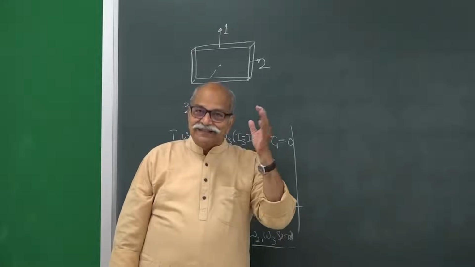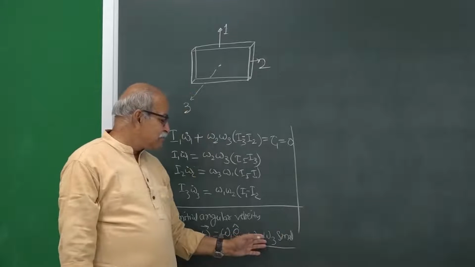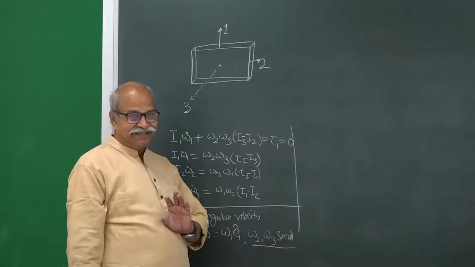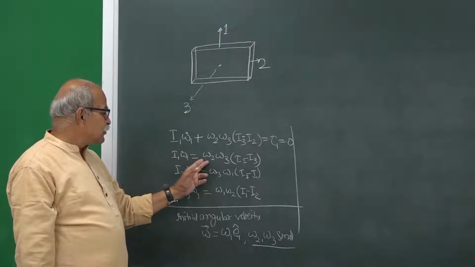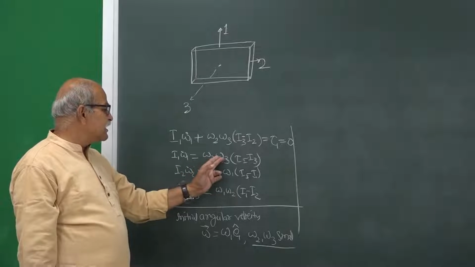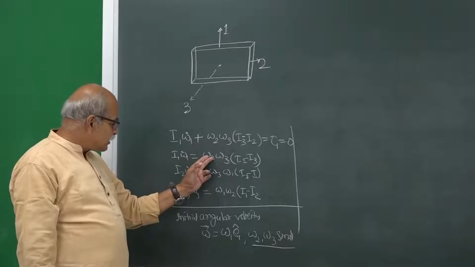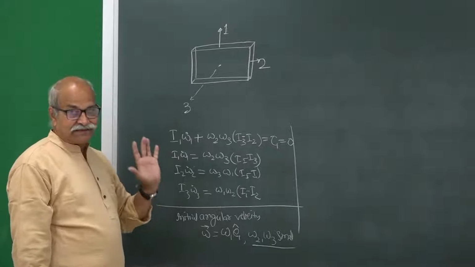Of course, I cannot do it so crudely, so some omega 2 and omega 3 may enter, but suppose it is very, very small. So, what do I see from here? Omega 2 and omega 3 are very small, and therefore omega 1 dot is very small, and hence omega 1 is nearly constant.